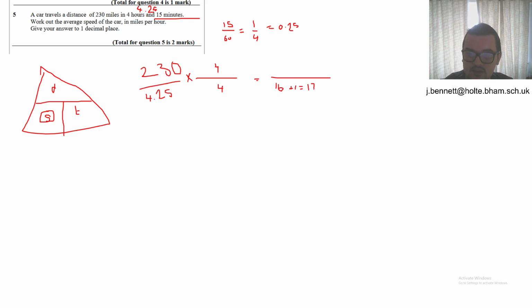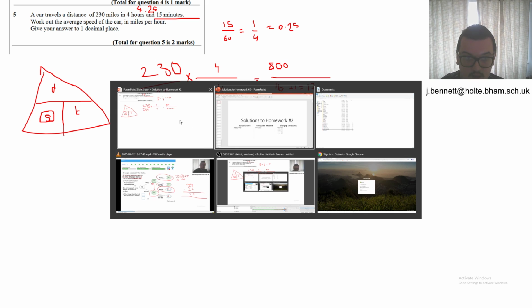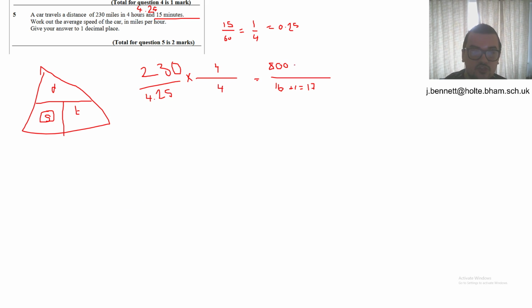So our bottom number is going to be 17. 230 times 4. 200 times 4 is 800. 30 times 4 is 120. So this becomes 920 over 17. So we want this to one decimal place.